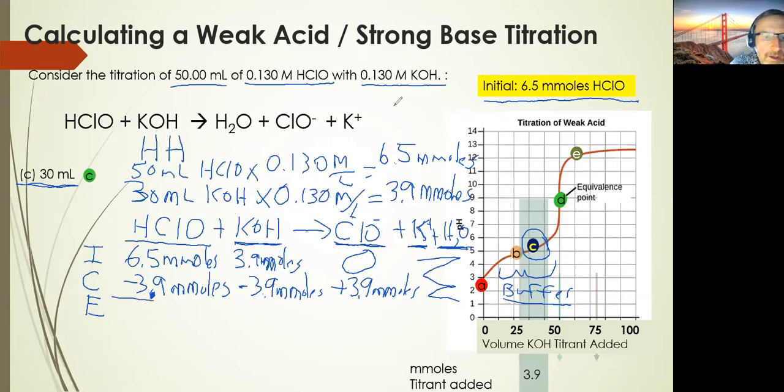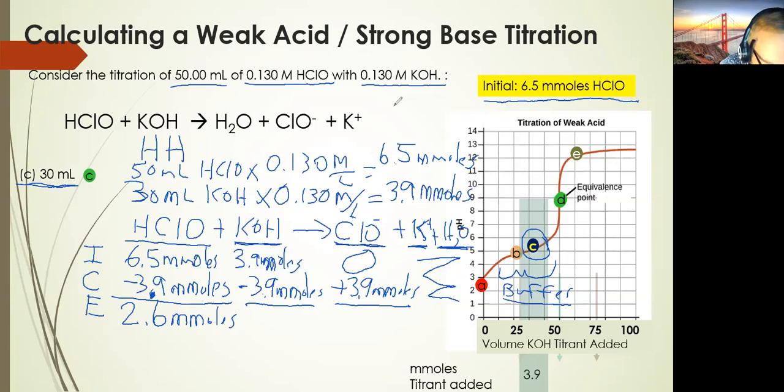All right, so now we can go through and do our math. We can add each column or subtract as the case may be. And when we subtract 3.9 from 6.5, we end up with 2.6 millimoles of HClO that remains after we've added the 30 milliliters.